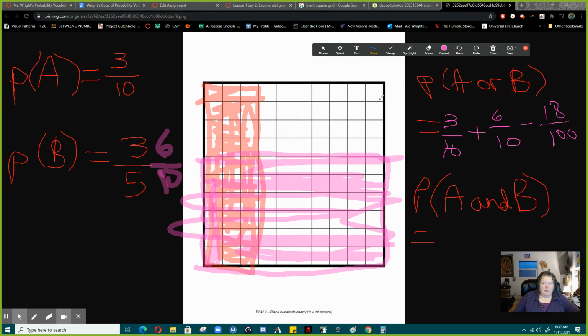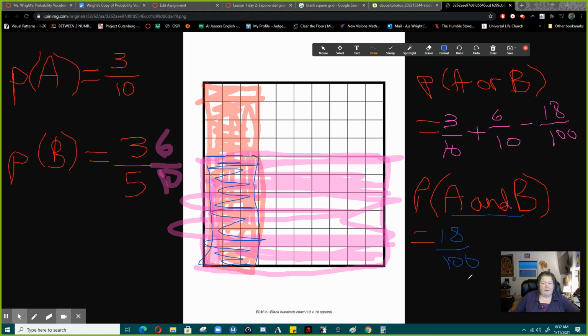And so all I look at for A and B is the actual overlapped section right here, which we already counted up as 6 by 3, 18, and that's out of 100 total. So this is 18 out of 100.